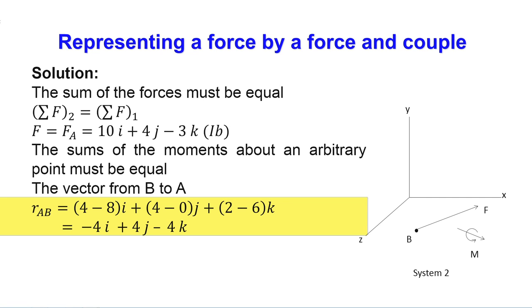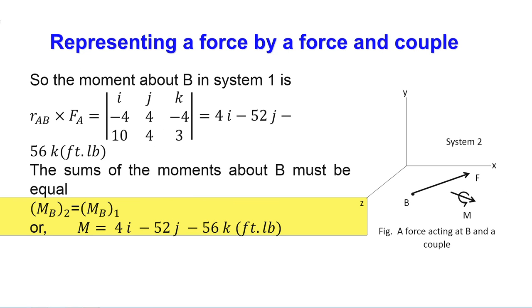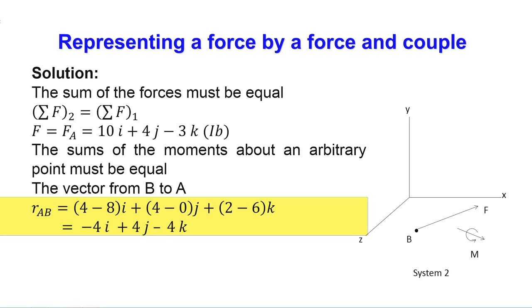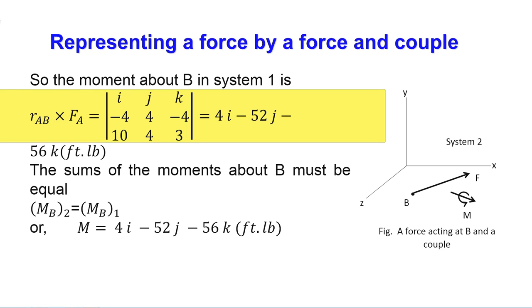Then about point B, the moment of force A equals the determinant with i, j, k, the moment arm components minus 4, 4, minus 4, which I have shown earlier. These are the three components of R A B, and the force components are 10, 4, minus 3.